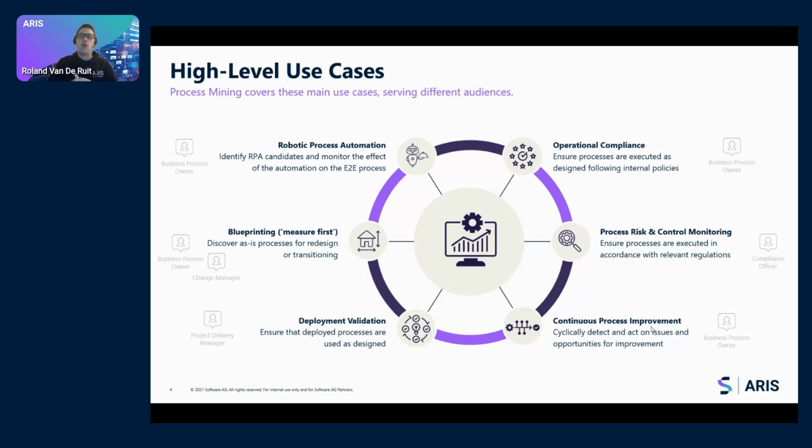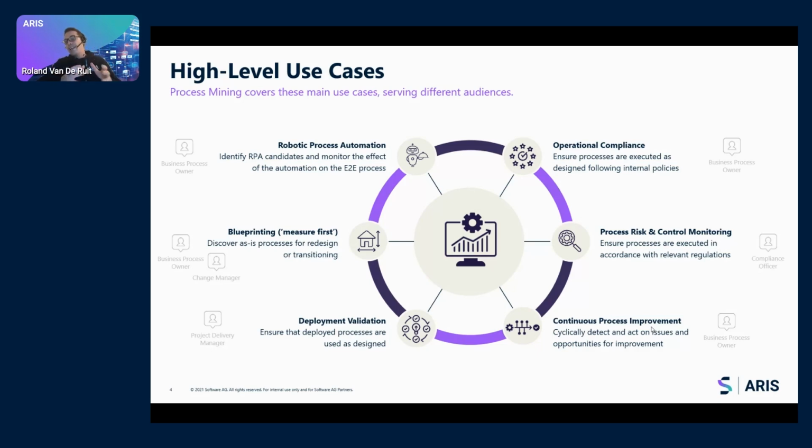Now, a very core use case of process mining, you can give it different names, but let's take here the name operational compliance, where again, process mining gives you a picture on the actual process behavior, how people are actually executing the process.